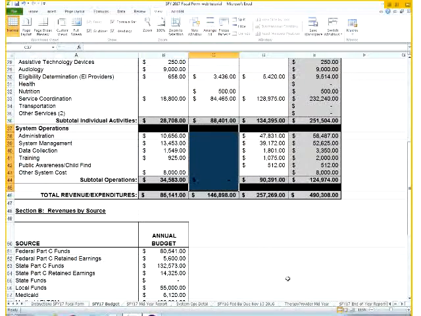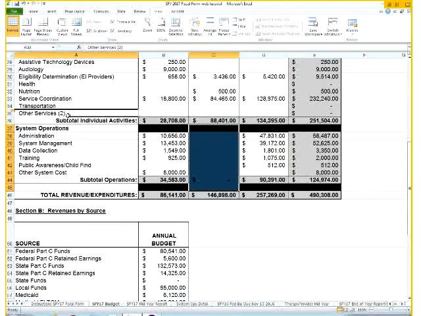This is because, as Talisha mentioned, state Part C funds can only be used for direct service. So your costs of system operations will come completely from your federal Part C revenues and your additional revenues. And systems operations are broken down into 6 categories.